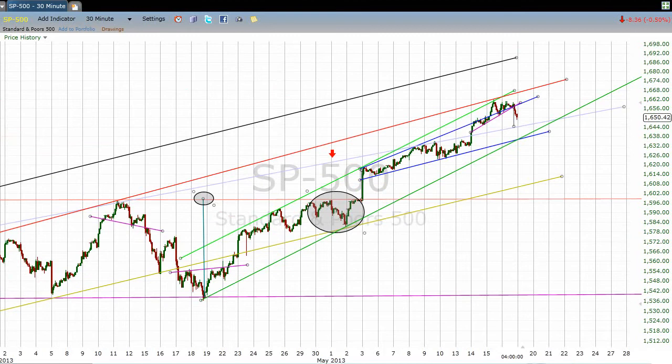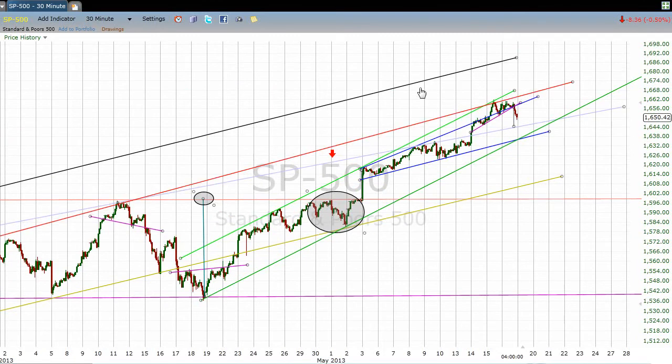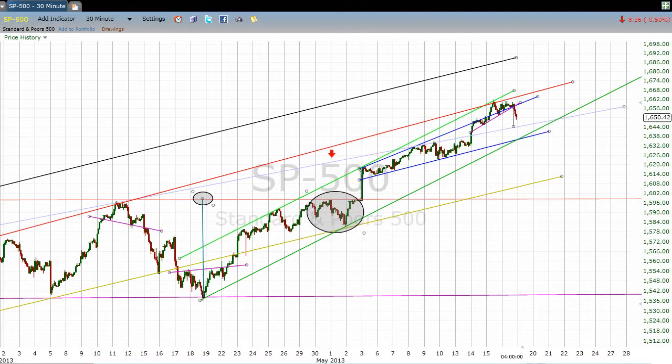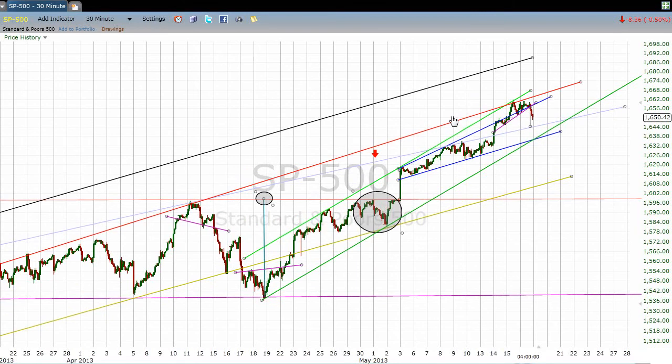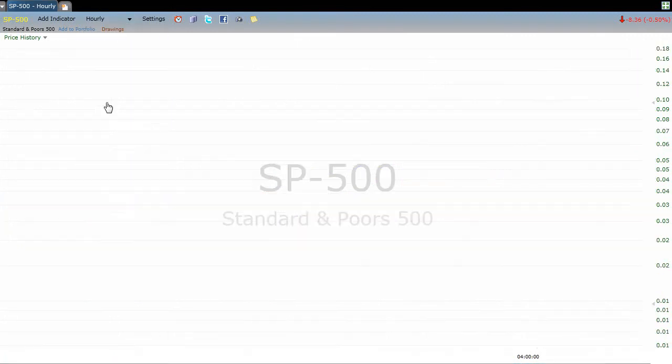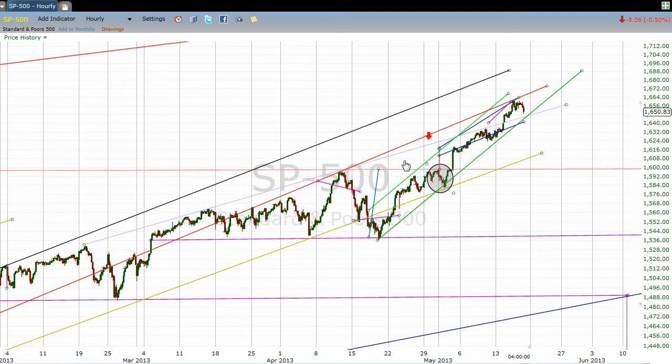Now, as we go back to the 30-minute chart, you can see that I've had to move that trend line again to make it in its proper location. I think yesterday the S&P got over it just a little bit, but as I look at it here on the 30-minute chart, it doesn't look like it really did. That's funny.